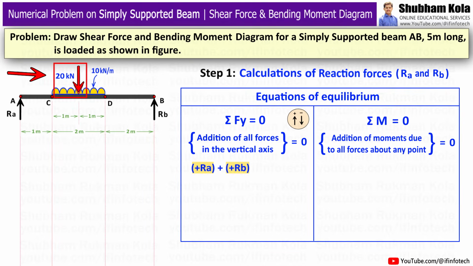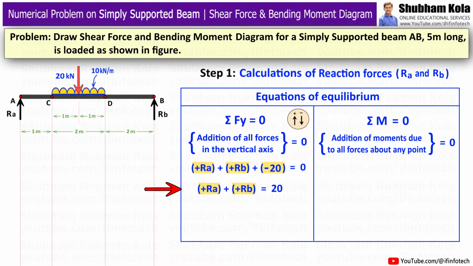And the converted point load of 20 kN is acting on the beam in downward direction. So as per the sign convention, I will add this force with negative sign. Therefore, after calculating, we will get the equation, that is RA plus RB equal to 20 kN. So I will give this as equation number 1.